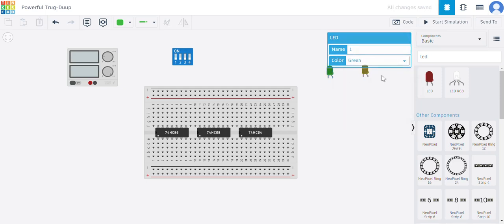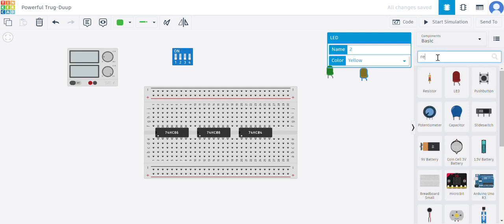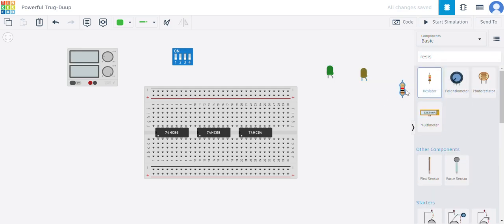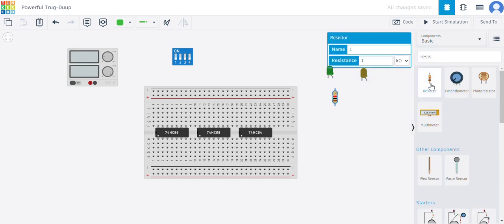And yes, we also need two resistors because the LEDs won't be able to handle such high voltage. So two resistors. Resistance, we will keep it here 330 ohms, and here also 330 ohms.